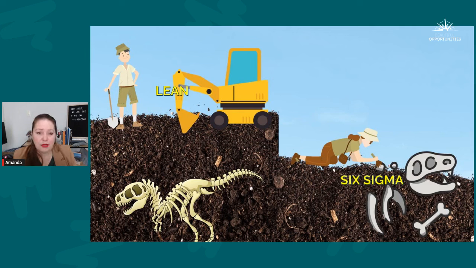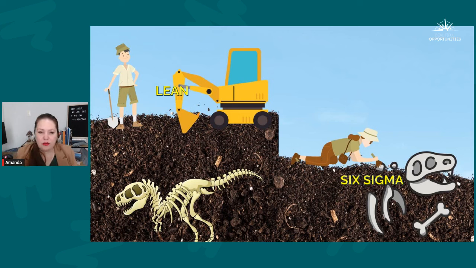Sometimes you actually have to come in with heavy equipment or shovels to actually pick up that dirt and move it out of the way. But then once you see those dinosaur bones, now you've got to get the brushes out. And you're going to take those brushes out and you're just going to delicately get rid of all that dirt, right? And that's Six Sigma.